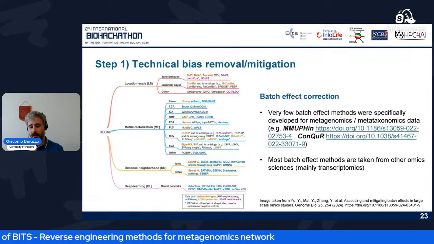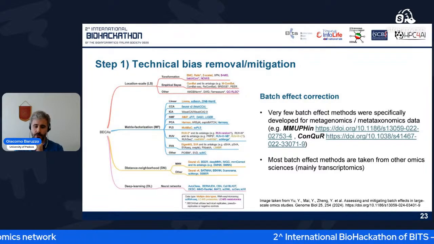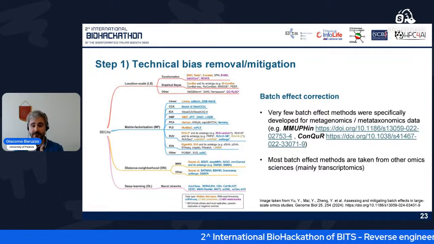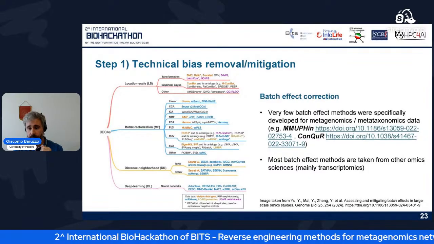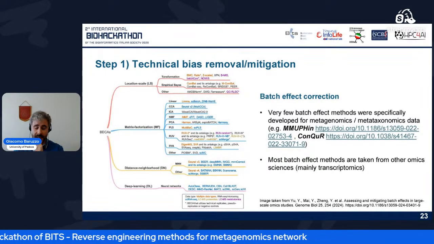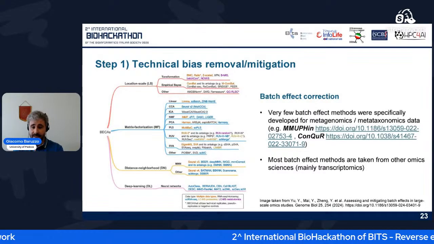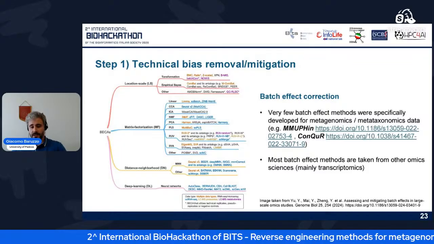You see there on the left a picture of the different batch effect correction algorithms, the BECA acronym, divided by the different macro families of methodologies, and you see that most of them are in blue or in black, the columns that encode RNA-seq and single-cell RNA-seq. I think most of the methods that you can find in the literature are designed for that type of data and just adapted for 16S count data.